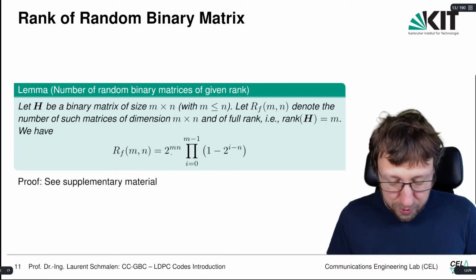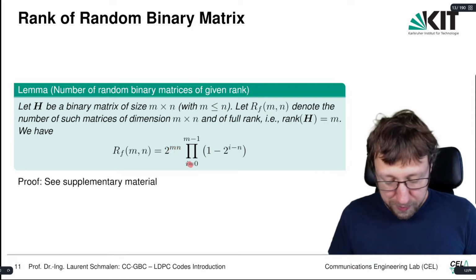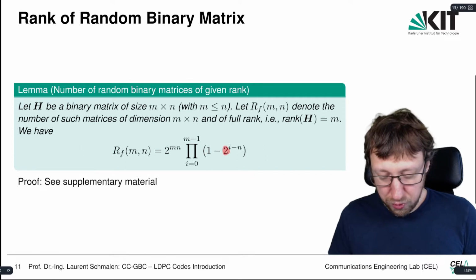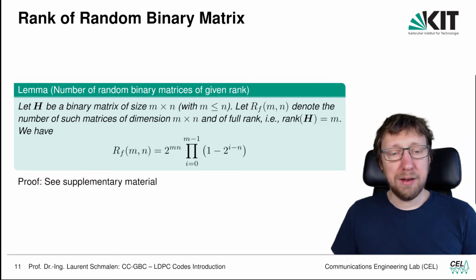RF is 2 to the power M times N times the product from I equals 0 to M minus 1 of 1 minus 2 to the power I minus N. That's the expression.